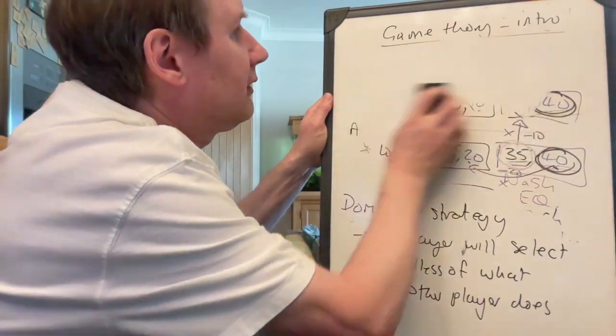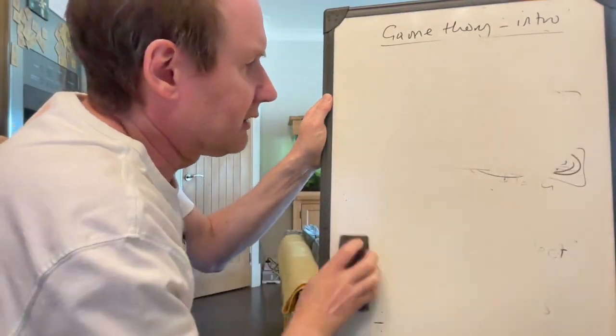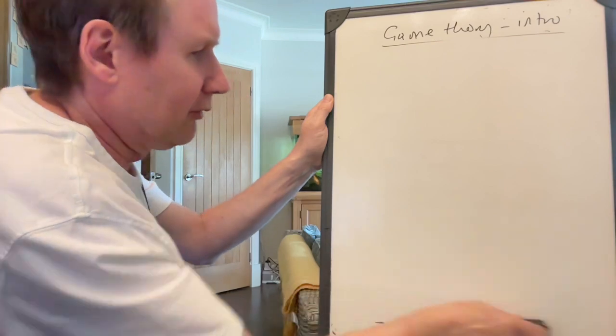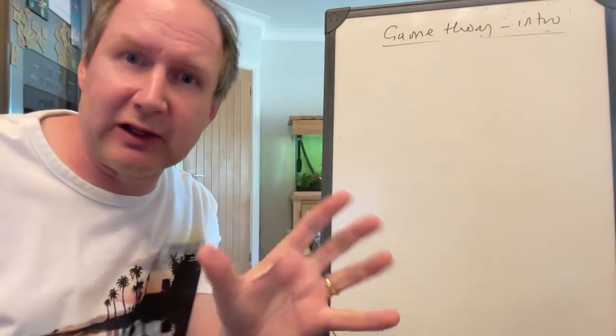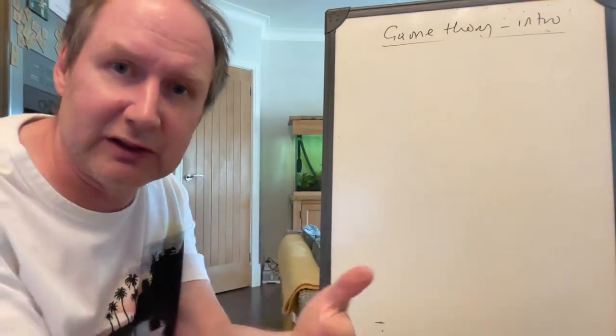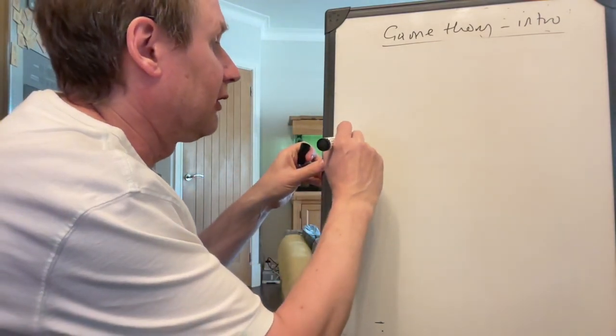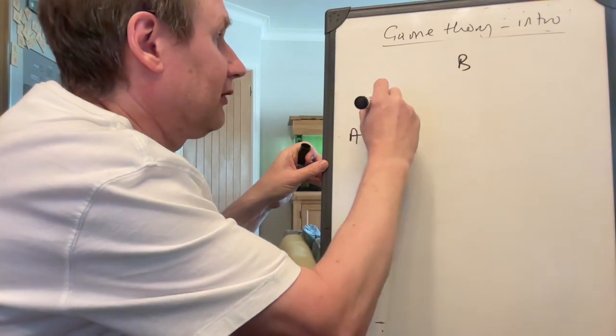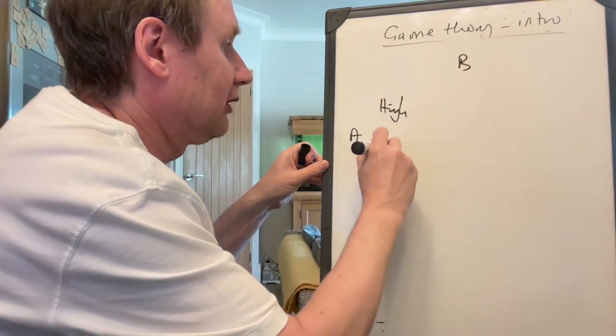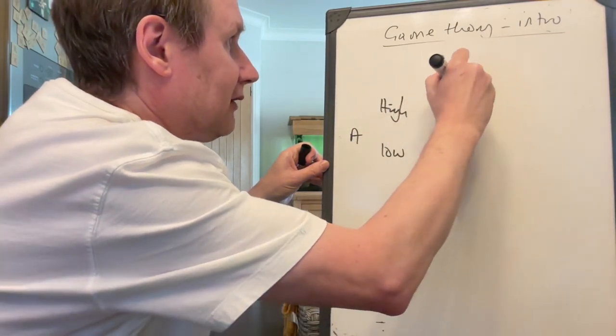So let's now mess about with this idea of dominant strategies. That's the key to solving a game theory grid. But let's now mess around with some scenarios. Let's imagine we have, again, A and B, high price, low price, high price, low price.